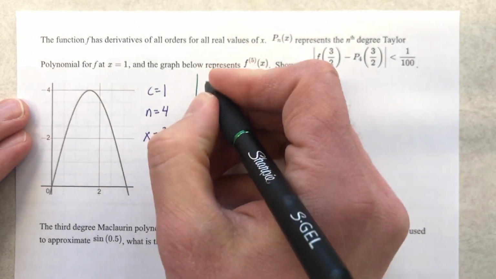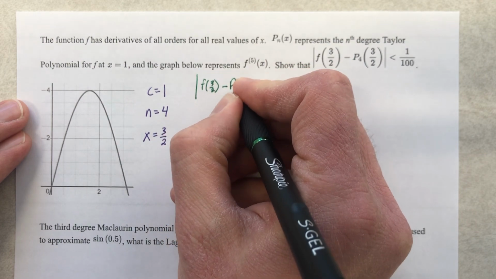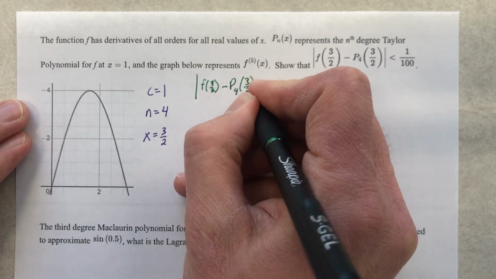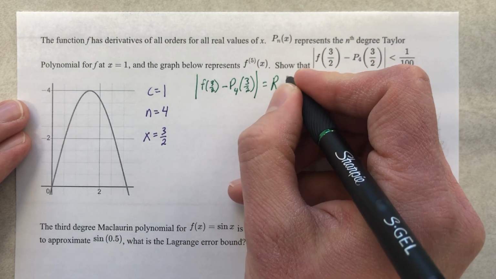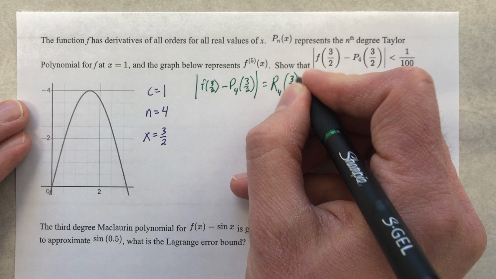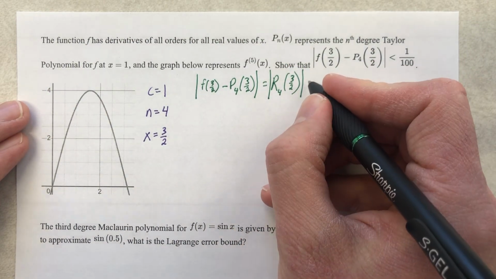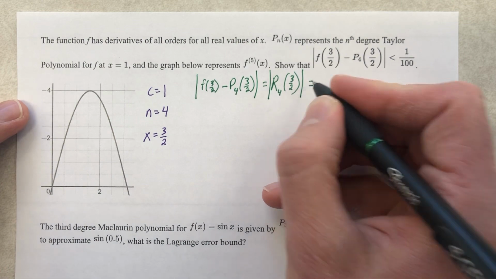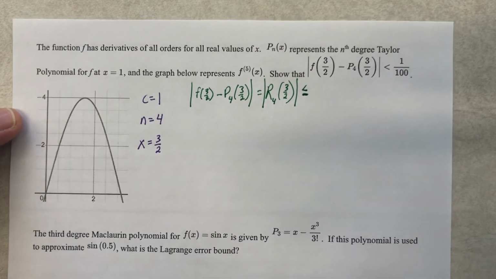But this guy right here, f of 3/2 minus p sub 4 of 3/2, is equal to r sub 4 of 3/2. Okay? Well, what's this equal to? It is equal to, actually less than or equal to, the Lagrange error bound.